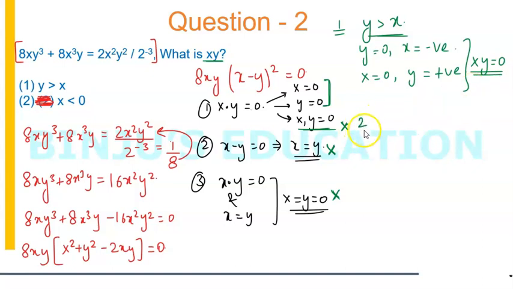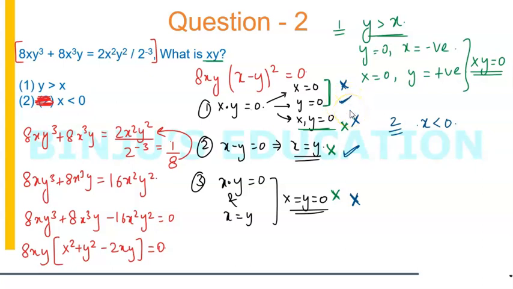Second statement says x is less than 0. That is x is negative. So if x is negative, let me do this with another color so that we are able to differentiate. So let me use blue. So the second statement says that x is less than 0, that is x is negative. So this third possibility rules out. x y is equal to 0 is ruled out. x equal to 0 is also ruled out, but you can have y is equal to 0.